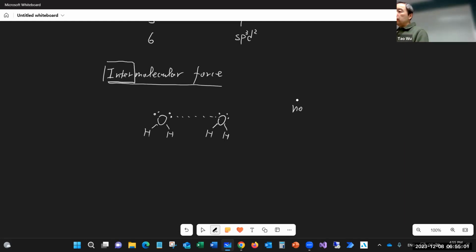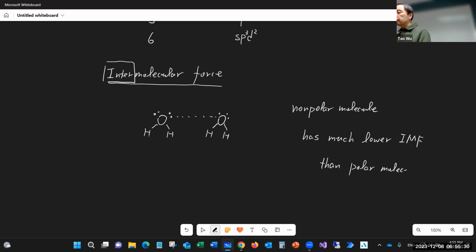A non-polar molecule has a much lower intermolecular force than a polar molecule.